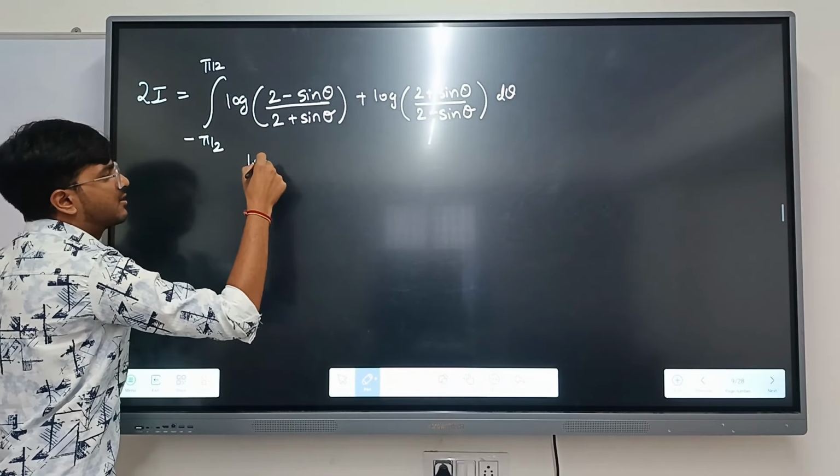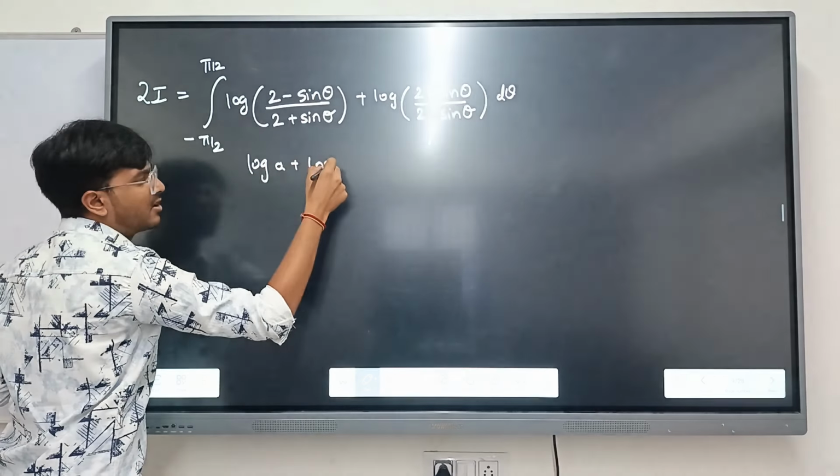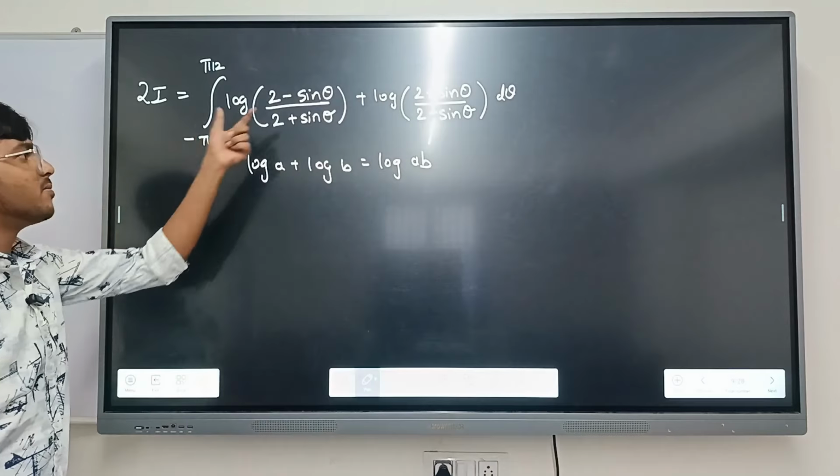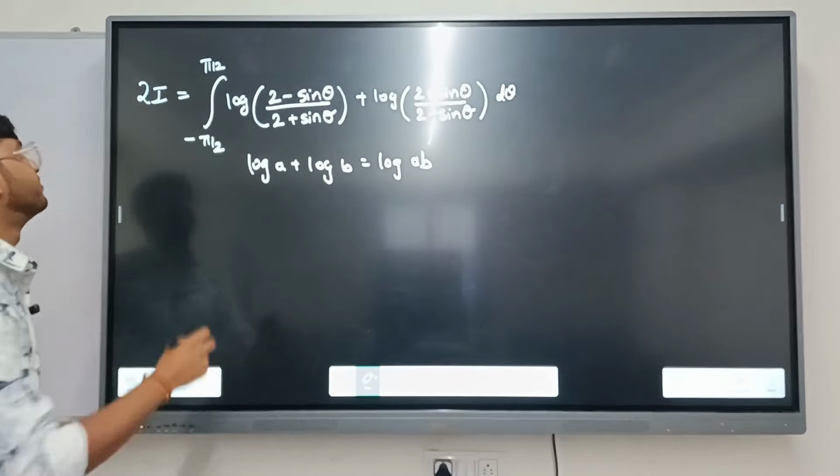So I was saying we can use the log a plus log b property, which is log of ab, so multiplication of both of them.